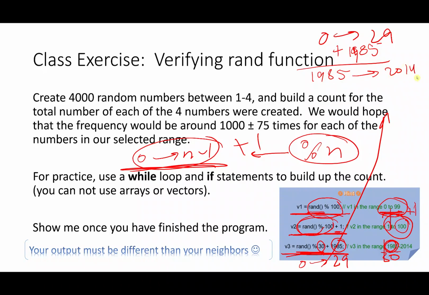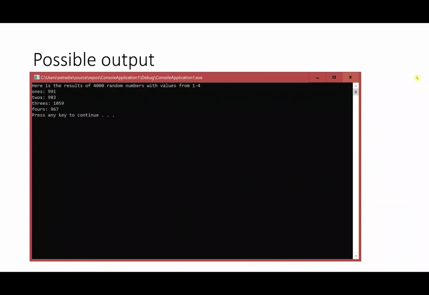This gives you 2014. So the possible output should be something similar to this. You won't get exactly what I get, because you're going to be running that at different times, right? And you're going to use a seed depending on the time. So you get something different, but you should get something close to 1,000 each time.